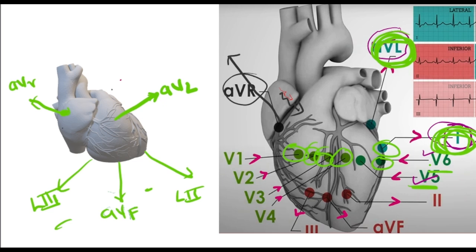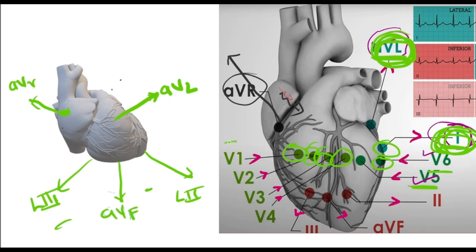Now V5, V6 and lead 1 and AVL, if the ST segment of any two of these leads, which should be in proximity, shows ST segment elevation, then that is lateral MI.